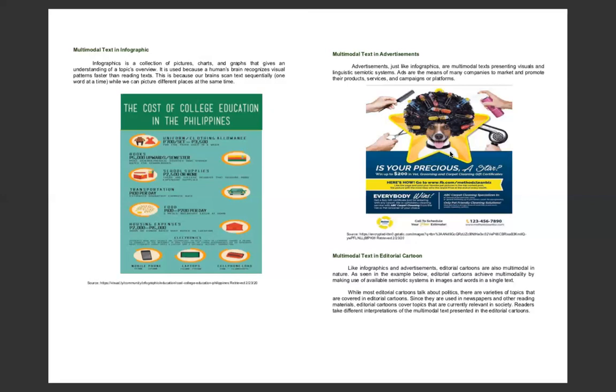Of course, this is very effective because it convinces the audience to buy the product of a certain company. That is why they incorporate a lot of visuals, even jingles, to make it more effective and appealing.